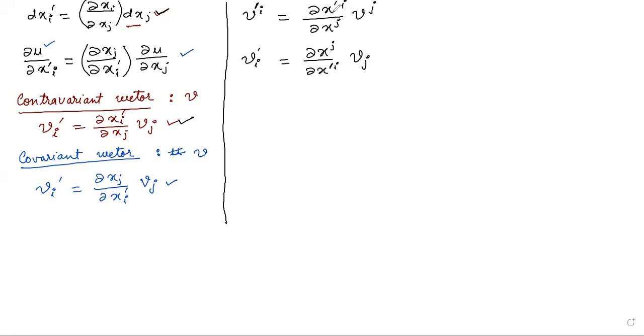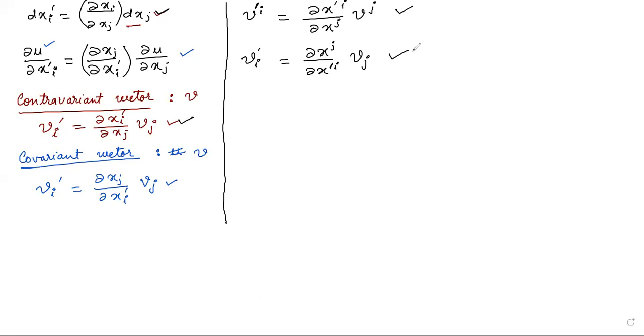So the numerator is a component of a contravariant vector, and similarly the denominator is also a component of a contravariant vector. So this is how we customarily write the components of a contravariant vector, and this is how we customarily write the components of a covariant vector.